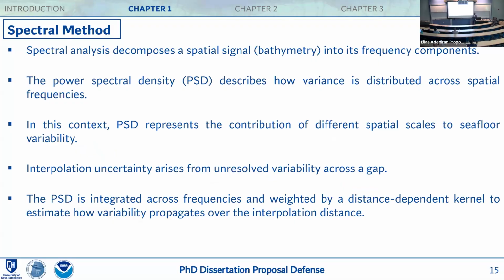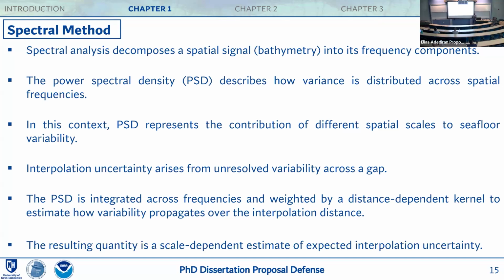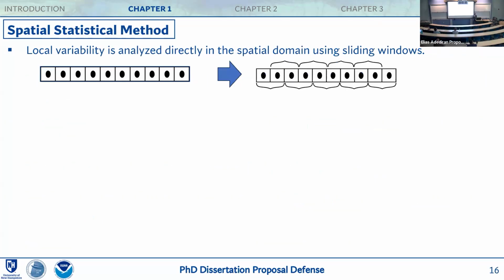So to estimate the interpolation uncertainty, the way to do this is to integrate the power spectral density across these spatial frequencies and weight it using a distance-dependent kernel so that we can estimate the variability that propagates over the interpolation distance. The resulting quantity is a scale-dependent estimate of the expected interpolation uncertainty. So that's the first method, which is being done in the frequency space.